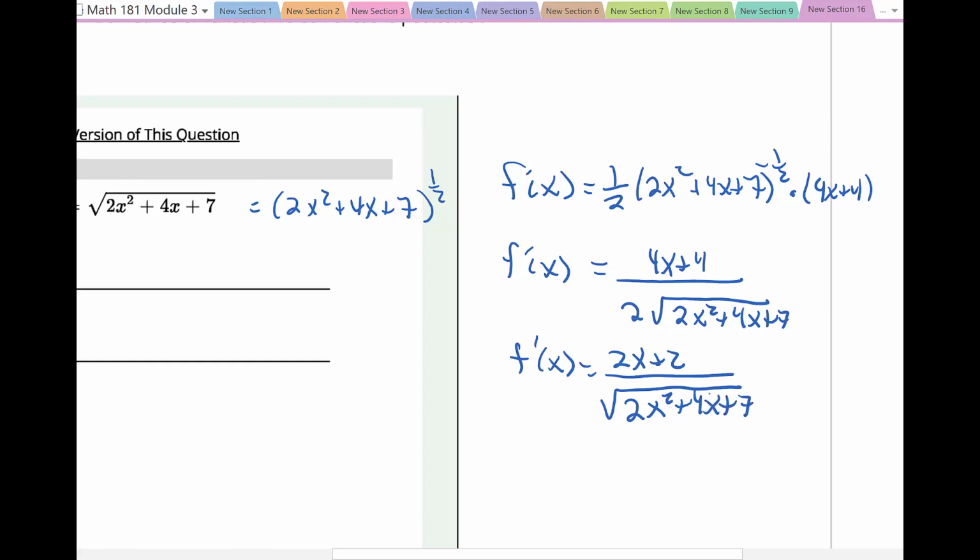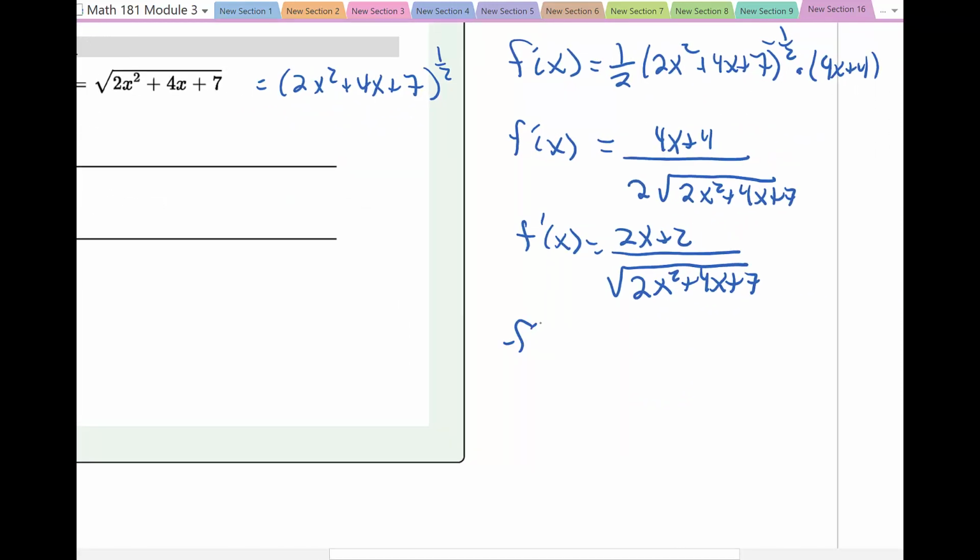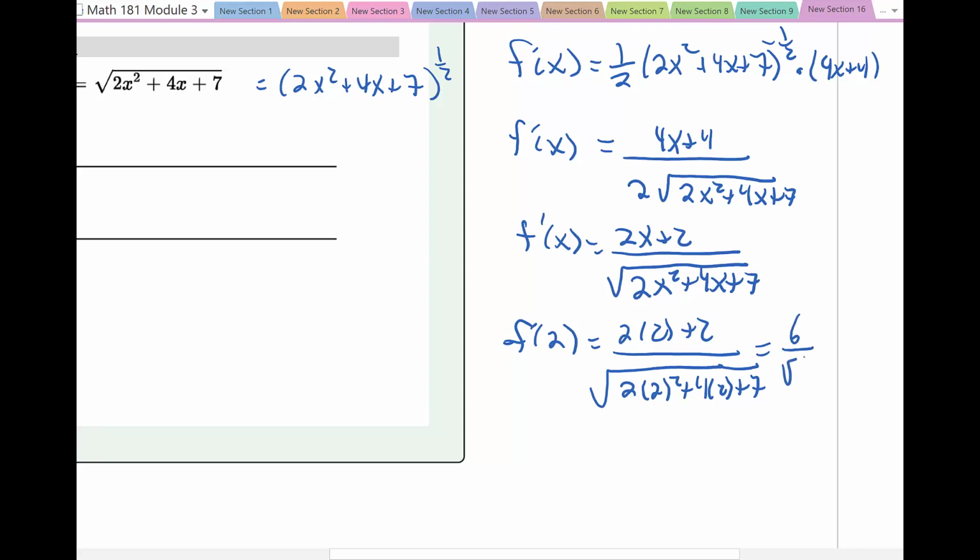Then they ask us for f prime at 2. F prime at 2 is going to be 2 times 2 plus 2 over the square root of 2 times 2 squared plus 4 times 2 plus 7. And I come up with 6 over the square root of 23. Let me know if you get something different. Okay, that does it for this part.